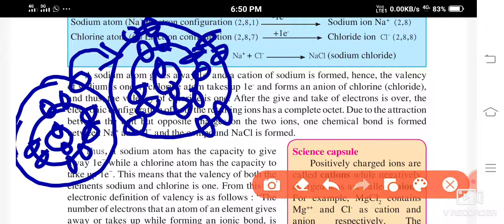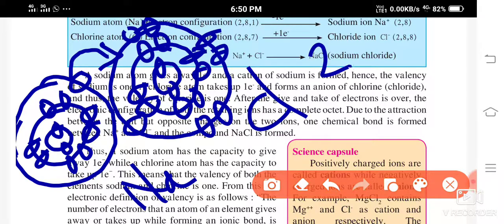So now what happened? See, this is sodium, and this is chlorine. Sodium was 2, 8 and 1. Now sodium will become how much? 2 and 8, right? And chlorine was 2, 8 and 7, right?